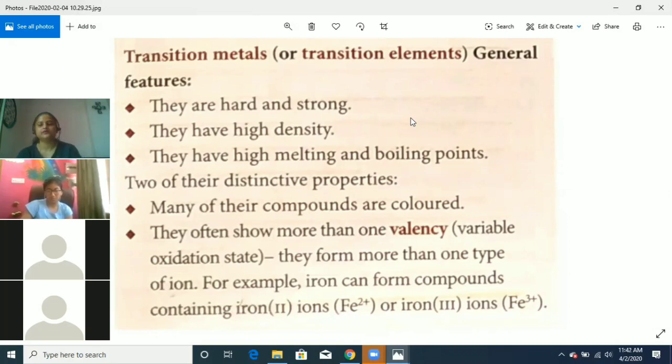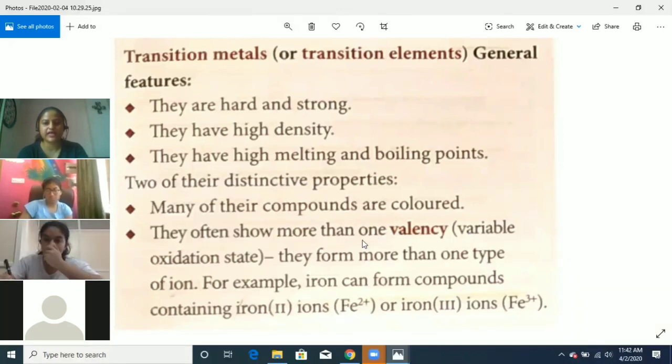Okay, so I think you can see on the screen Fe2 plus and Fe3 plus ions. Okay, the second chemical property of the transition elements is that they often show more than one valency, variable oxidation number. They have variable oxidation number, meaning they have more than one valency. Iron has two valencies, Fe2 plus and Fe3 plus.